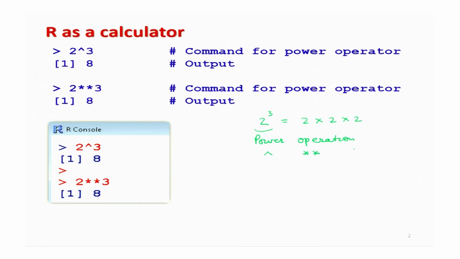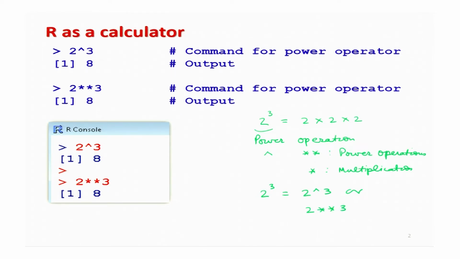You can recall that when you use only 1 star, this indicates multiplication, and when you use 2 stars, this indicates the power operation. So now suppose you want to compute 2 cube, then in R you have to write it like 2 hat 3, or the alternative is you can write 2 star star 3.